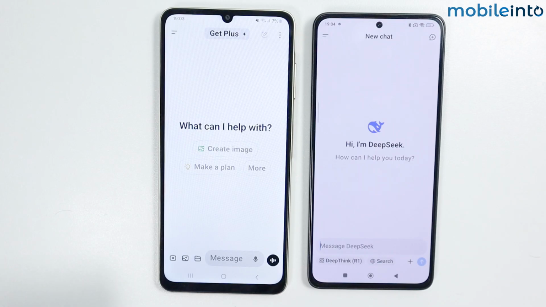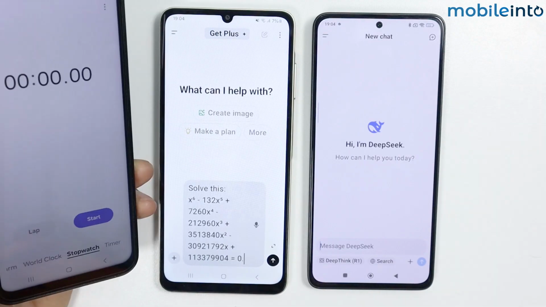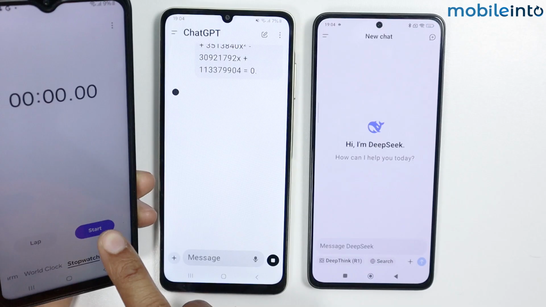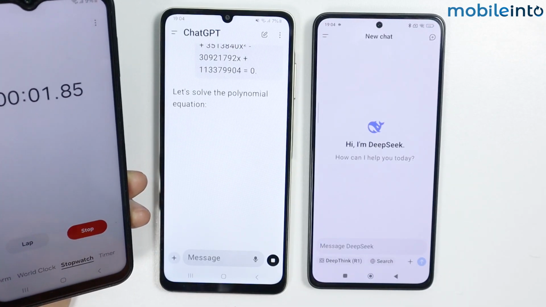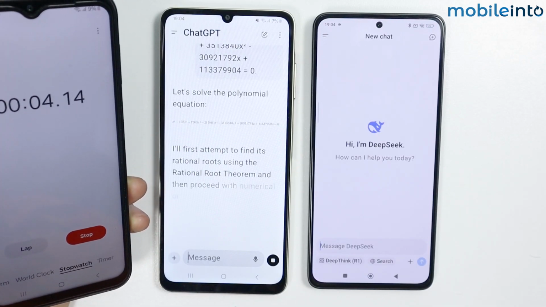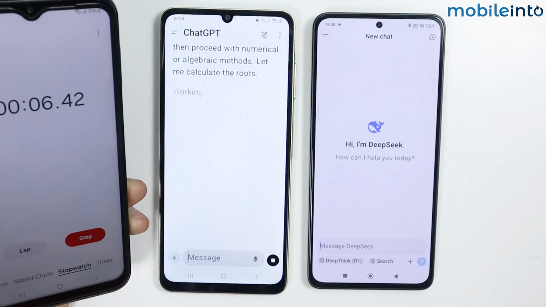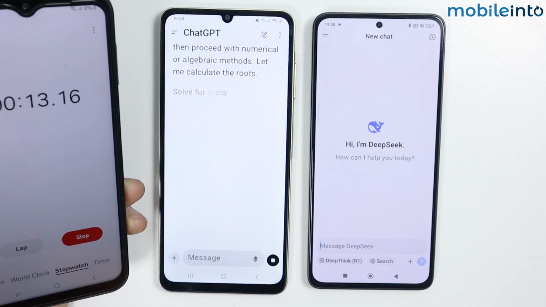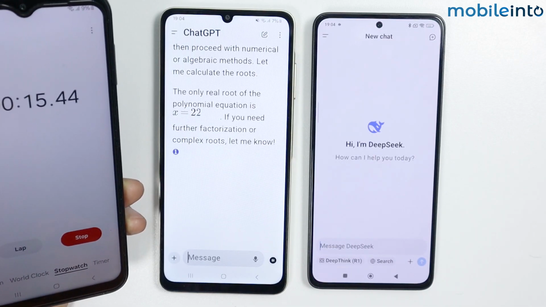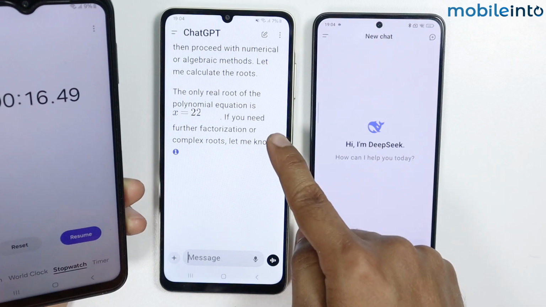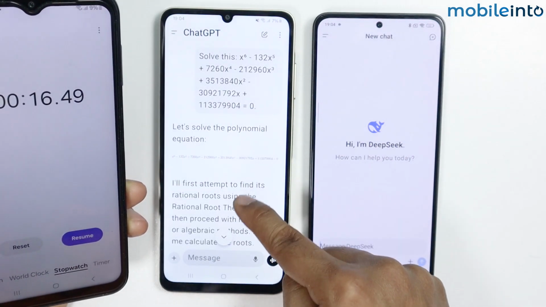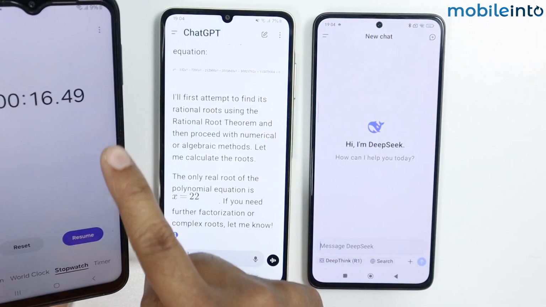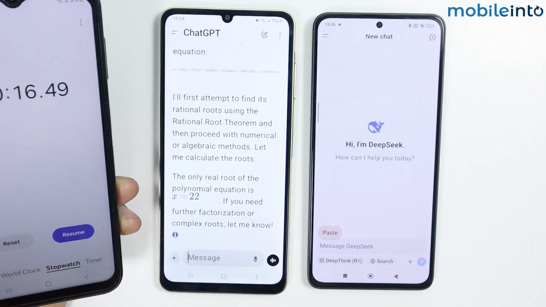Now let's move on to a more complex equation. First, I am asking this equation to ChatGPT. ChatGPT gave this equation answer in 16 seconds. Now let's try with DeepSeek.